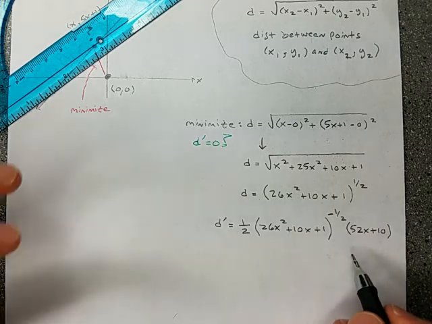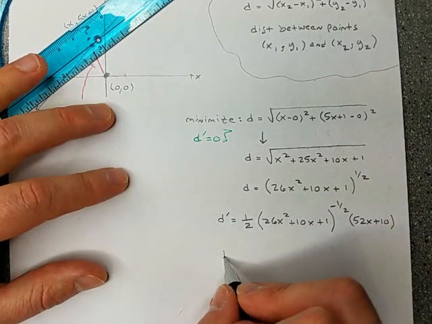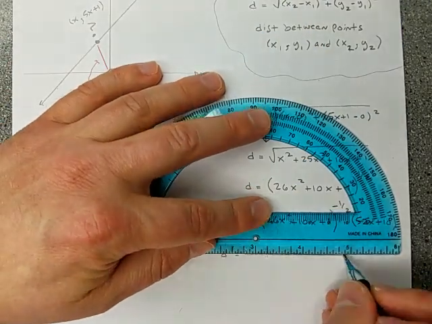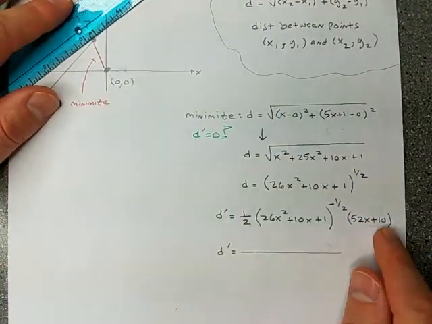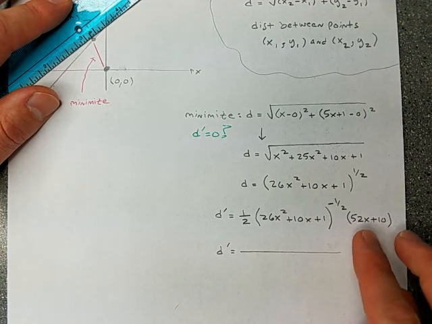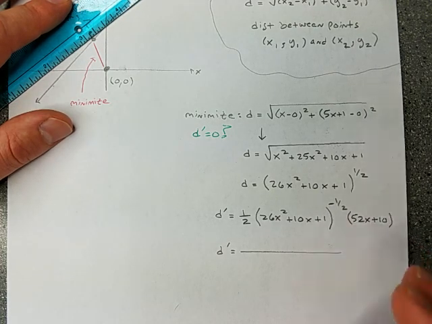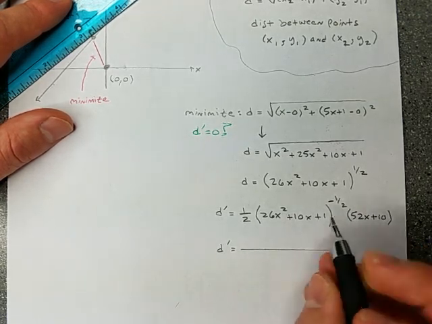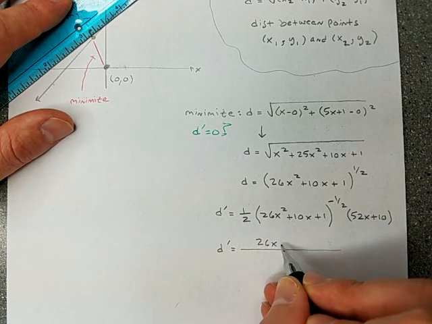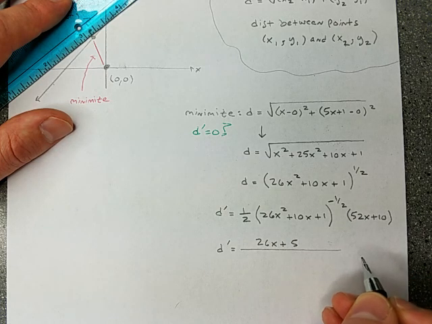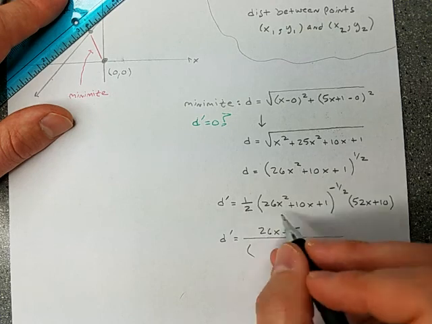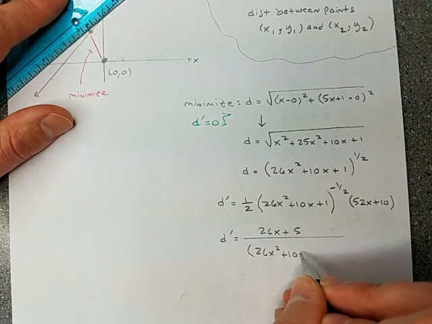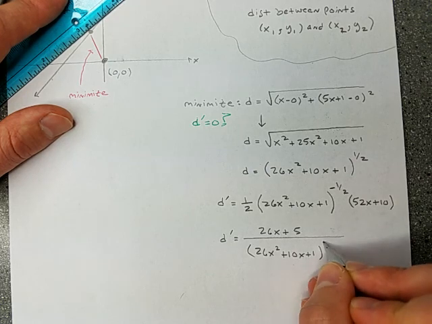Now, let's do a little bit of simplifying. I'm going to have a 2 on the bottom and 52x plus 10 on the top, and I could factor out a 2 from that. So 2 canceling with the 2 factored out of this, I'll get 26x plus 5. And that will leave this expression down here, 26x squared plus 10x plus 1 to the 1/2 power.